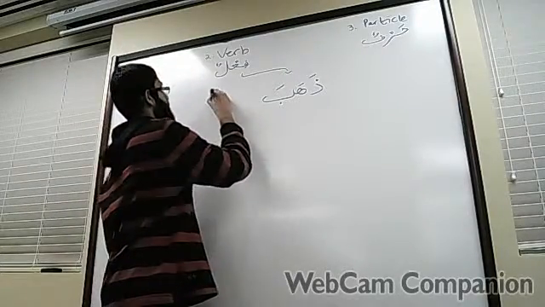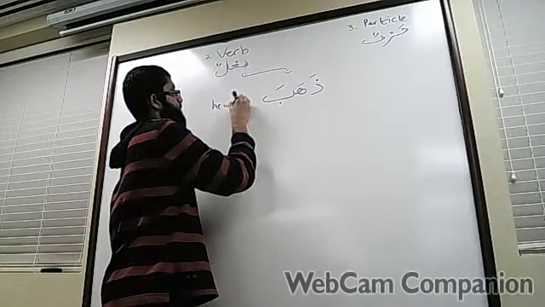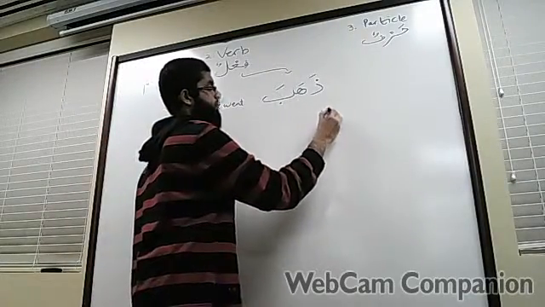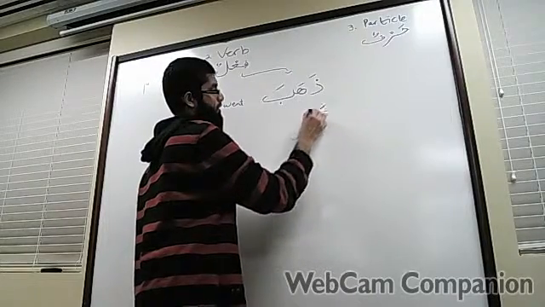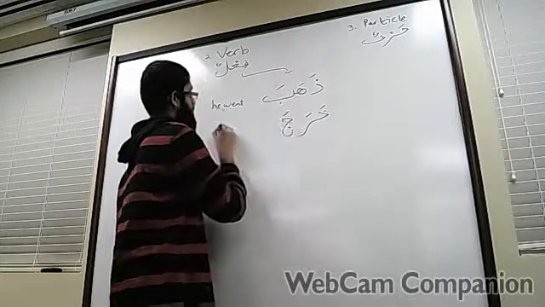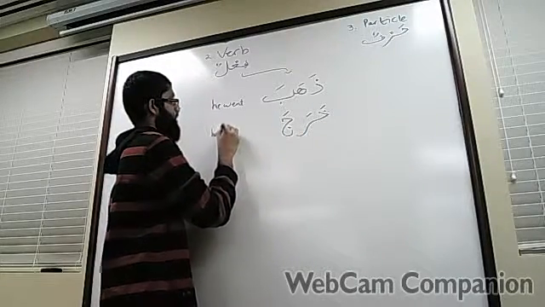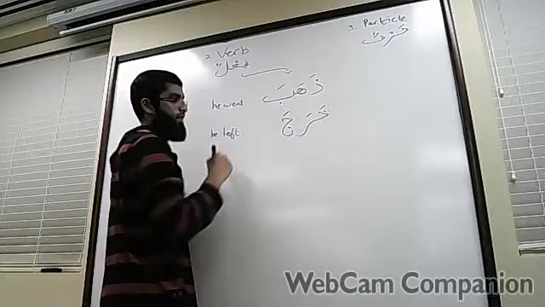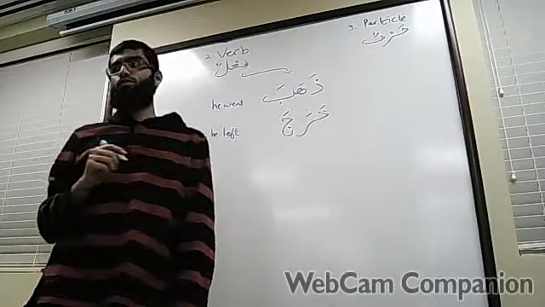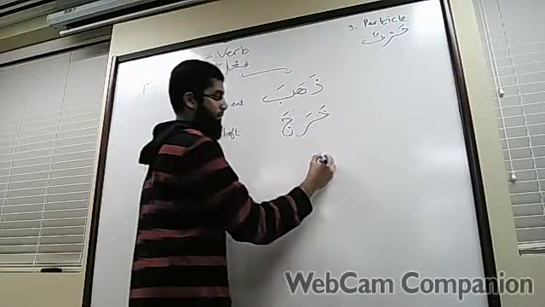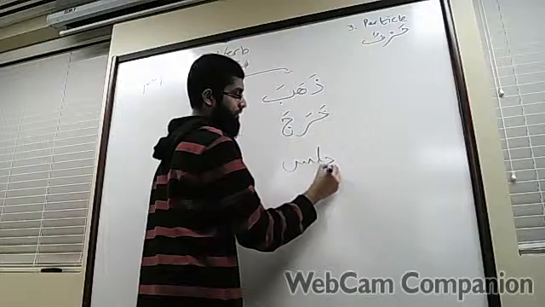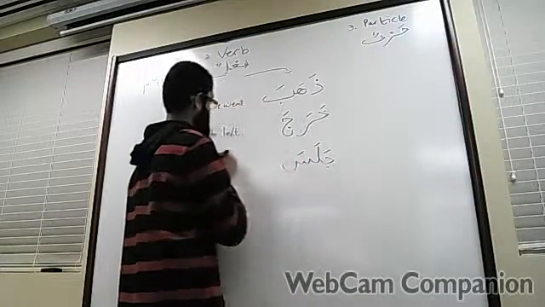Kharaja means he left or he went out. So let's write that. Kharaja, he left or he exited from. Right? And then we also did, you might not remember, jalasa. Jalasa means he sat.